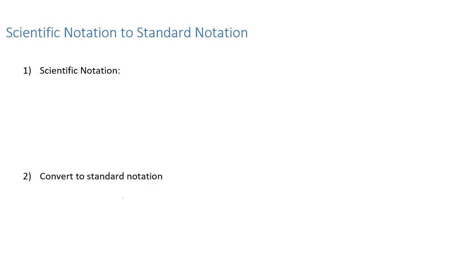Another topic that's going to help you as you go into your science classes is being familiar with what is called scientific notation. Scientific notation is a way to write very large numbers. And by a very large number, I mean like the distance from the sun to its nearest star, a very large distance.